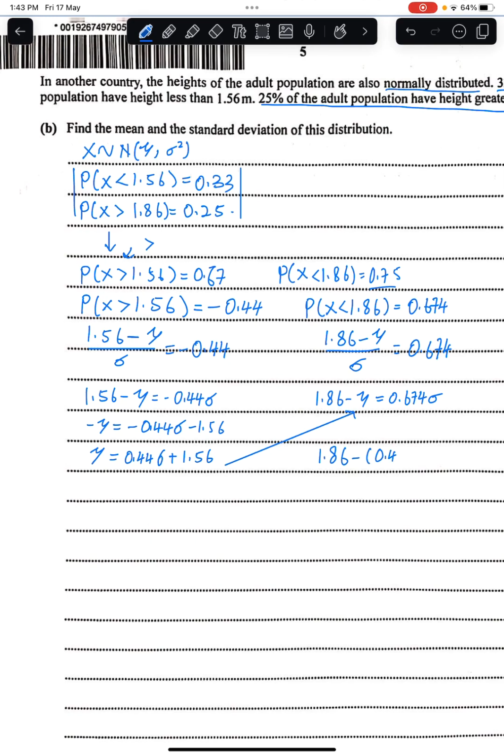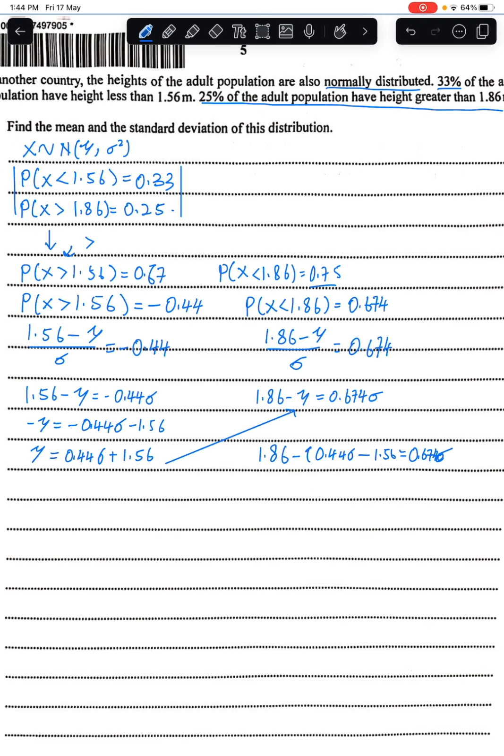Minus 0.44 sigma minus 1.56. We don't need the bracket, so 1.86 minus 1.56, that's 0.3, equals 0.674 plus 0.44, which is 1.114 sigma. So sigma equals 0.3 divided by 1.114.